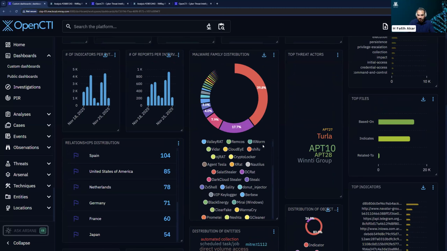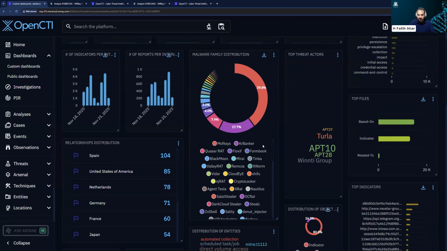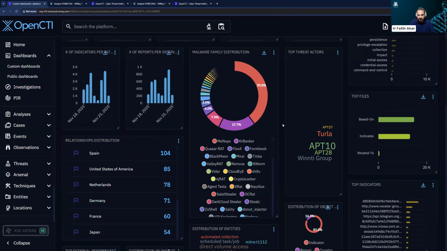And in there, of course, some of them have a higher percentage in the entire share, but you will be able to see the different occurrences of different malware families being actively involved in active campaigns that are running in the threat landscape in the wild, right?